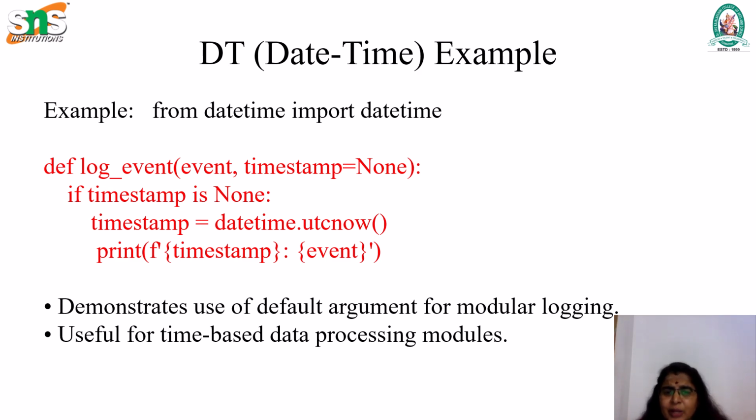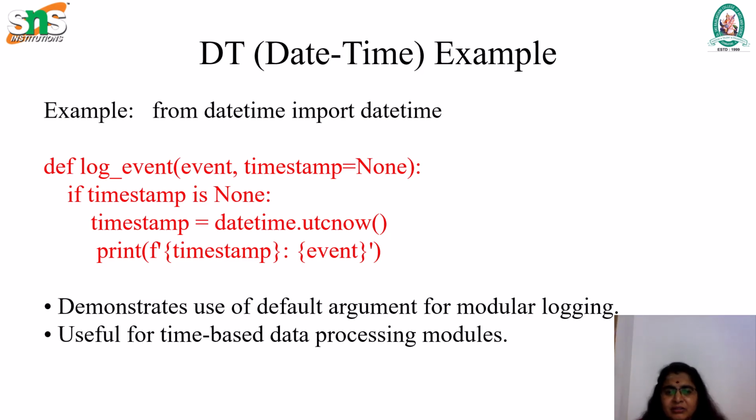So I represent the value of the variable timestamp as None. Then I check the condition with an if statement: if timestamp is None, then timestamp is set to datetime.utcnow(). That function is called here, and the time at which we access it is represented.